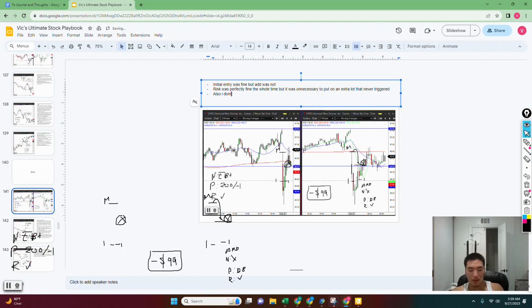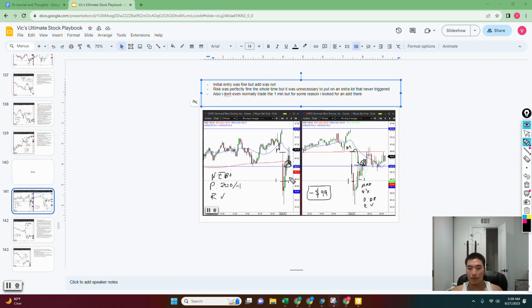Also, I don't even normally trade the 1 minute, but for some reason I looked for an add there. Yeah, that's basically what it is. I mean, this never triggered. None of these ever triggered under the lows. And it came after a pretty violent green bar up.